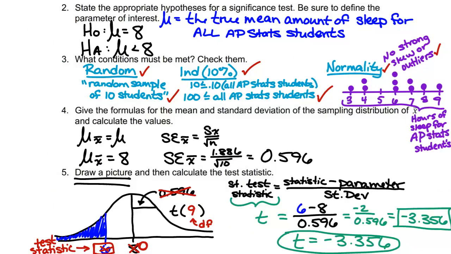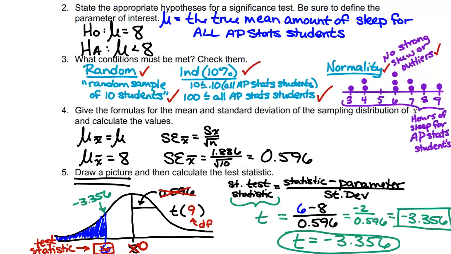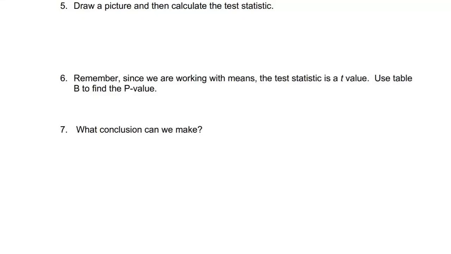That is what we need to put right here. -3.356. What is that telling us? How many standard deviations we are away from the mean in our t distribution. So we are more than 3 standard deviations away on the left-hand side. All right, let's keep looking. I'll put 5 back up there, don't worry.